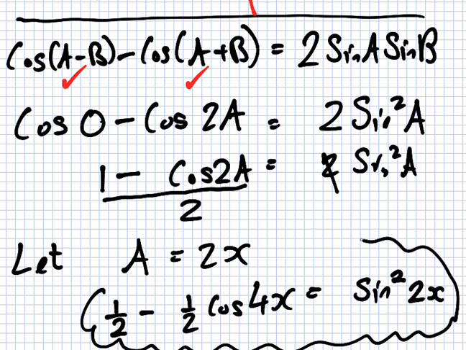So that's what I was trying to get to, a formula for sine squared 2x, which I just did. The half minus a half cos 4x. So we can go back to the main question now.